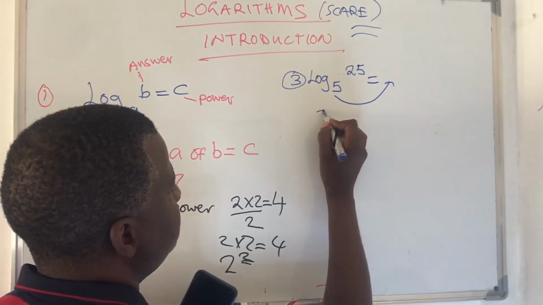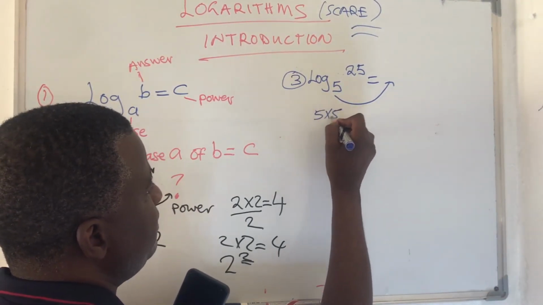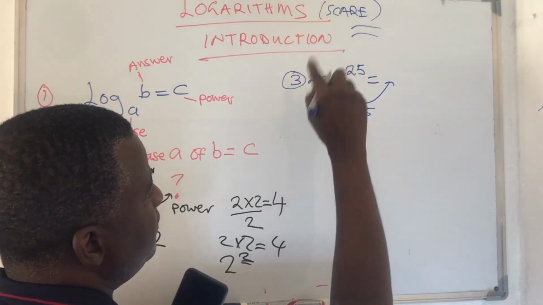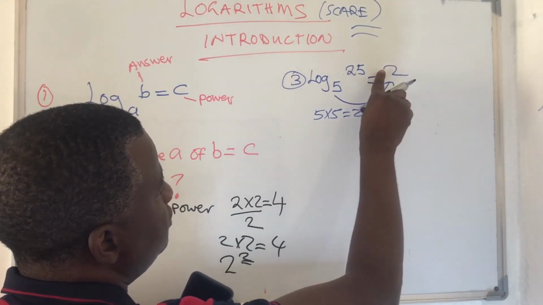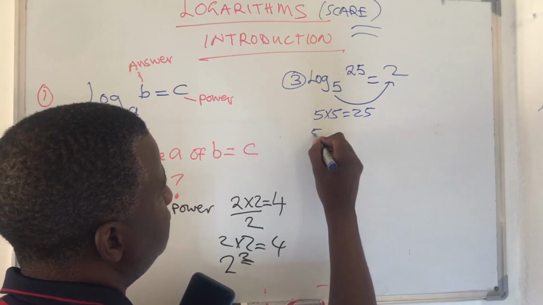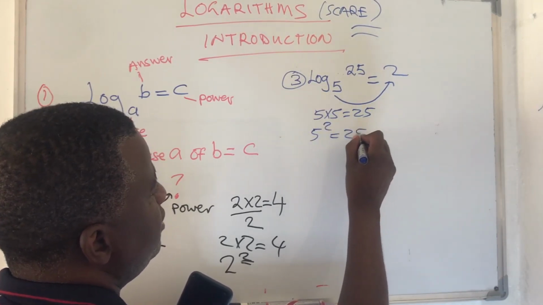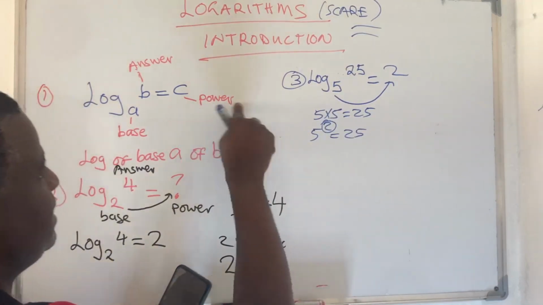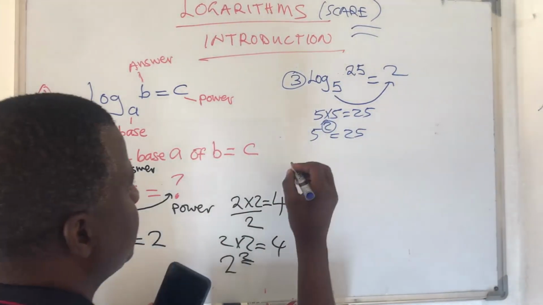It's simple, isn't it? It's 5 times 5 is equal to 25. So you are raising the 5 to the power 2. So this one will be equal to 2, because 5 to the power 2 is equal to 25. And then what we put here is the power. The C is the power, isn't it?